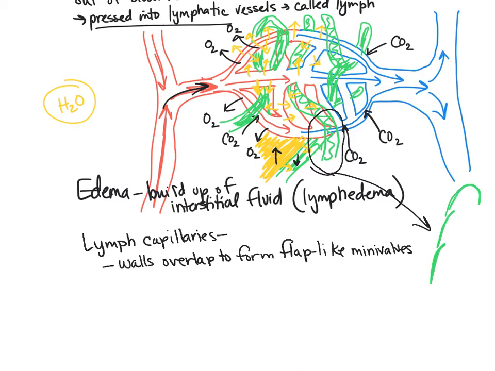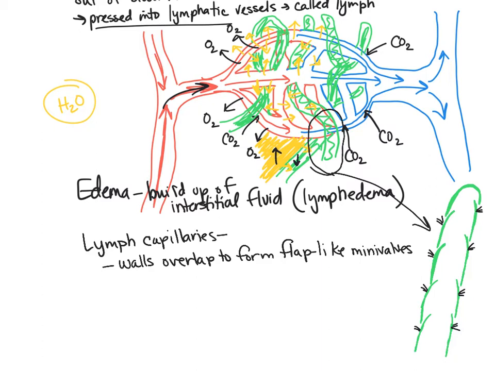So that's another cell at the top here, and these are the little flaps that make up a lymphatic vessel. And then these little flaps have little filaments that are going to anchor them to the tissue here. So our lymphatic vessels are anchored by tiny filaments that hold them in the tissues, hold them still as these things are moving.